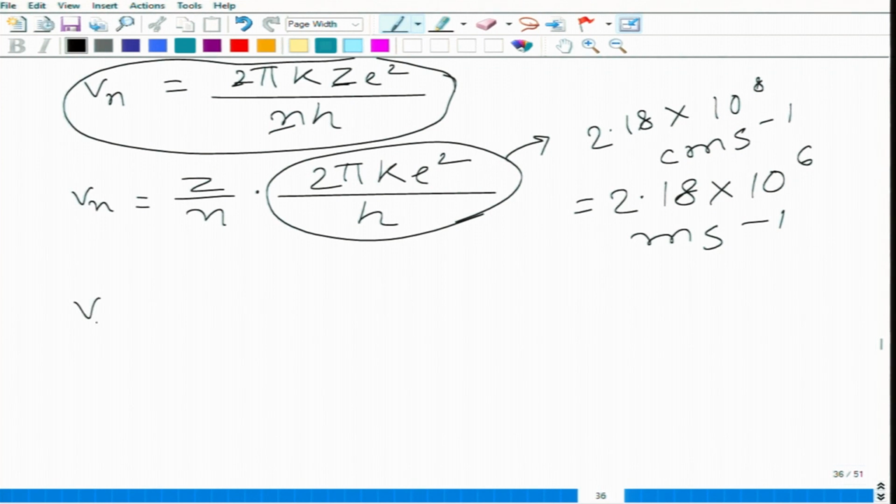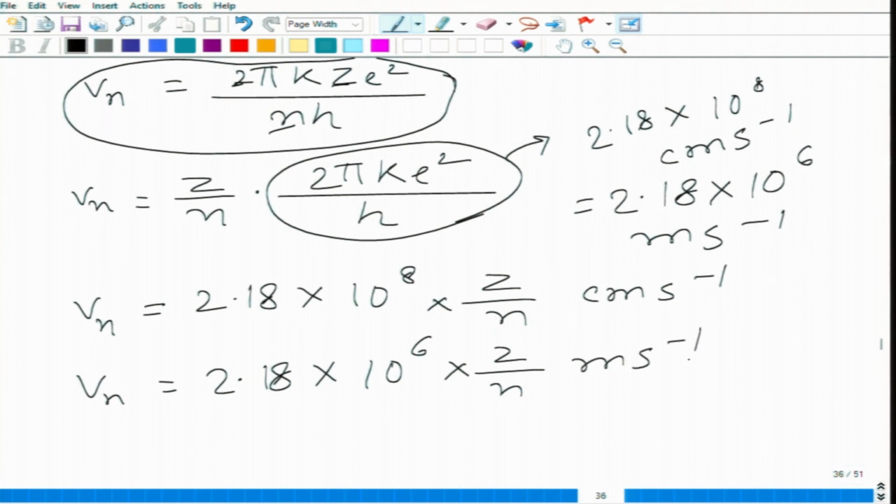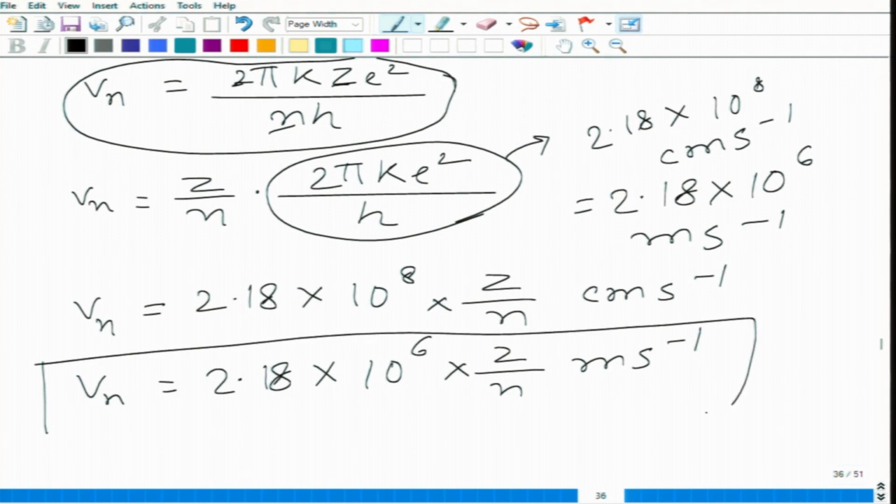So Vn will be equal to 2.18 into 10 to the power 8 into Z by n centimeter per second, or 2.18 into 10 to the power 6 into Z by n meter per second. So this is the formula for velocity of electron in an nth orbit.